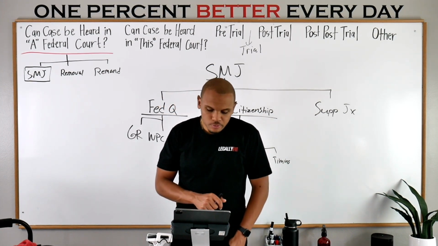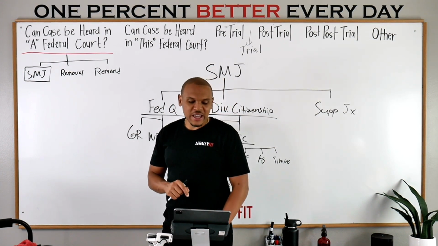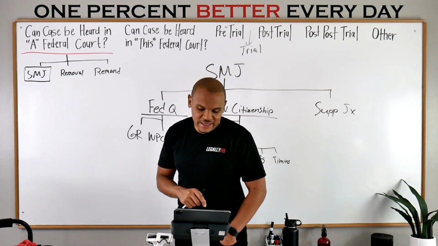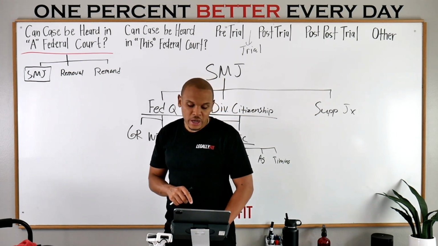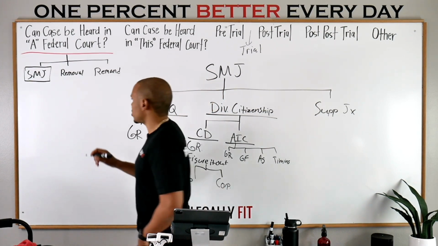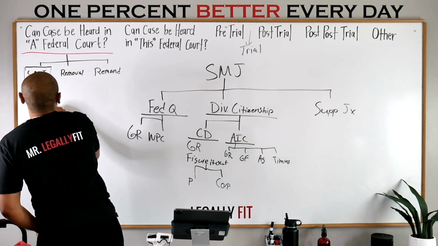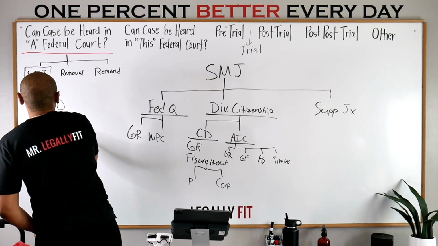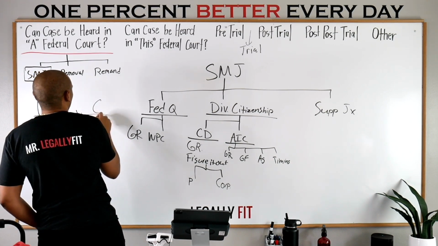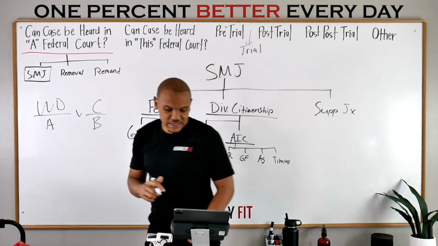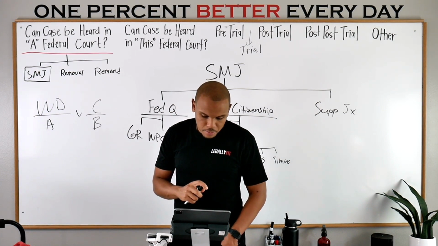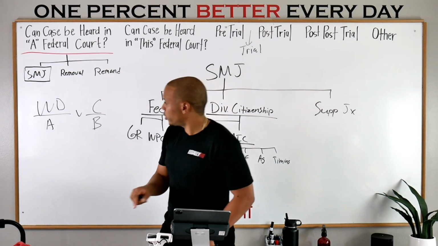I'll read it. A web developer from state B brought suit against his former employer, a state A corporation. So we have web developer from state A versus corporation from state, oh, no, mixed that up.